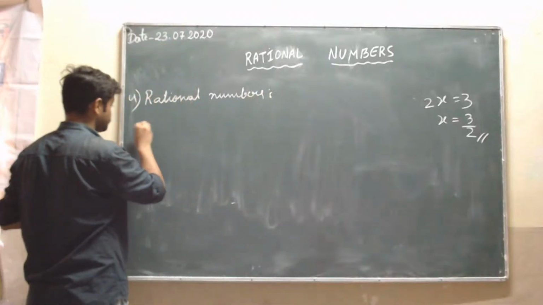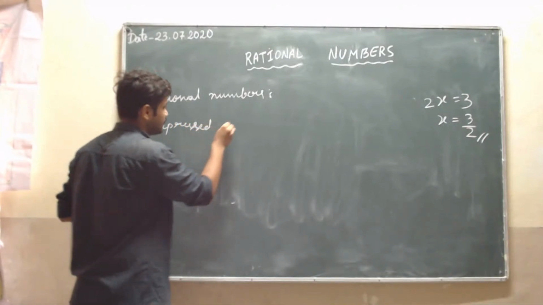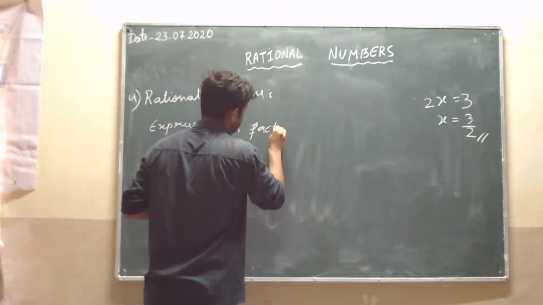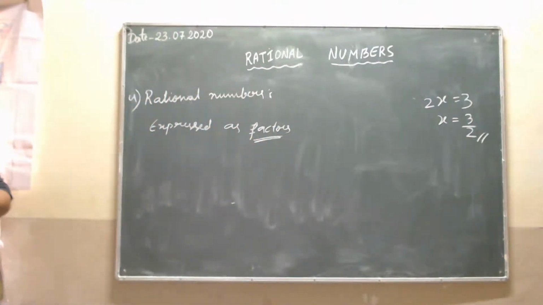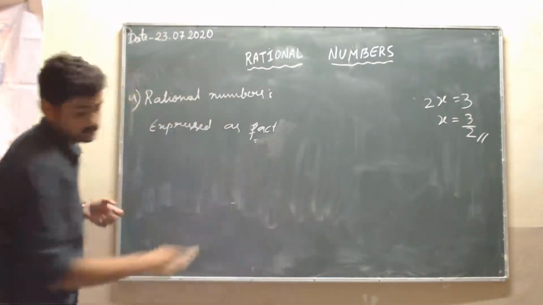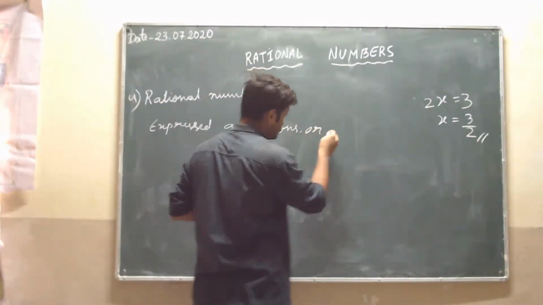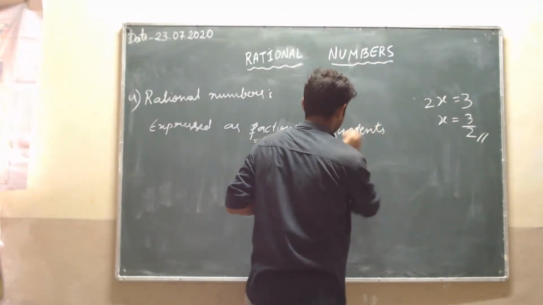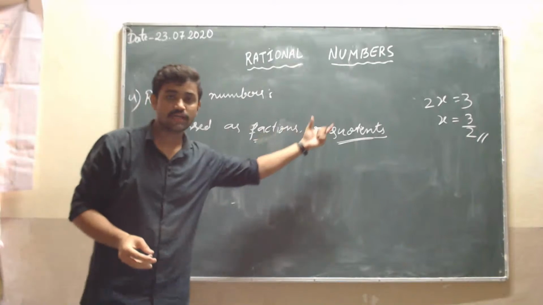Rational numbers are the numbers which are expressed as quotients or fractions, otherwise we can write it as a fraction.